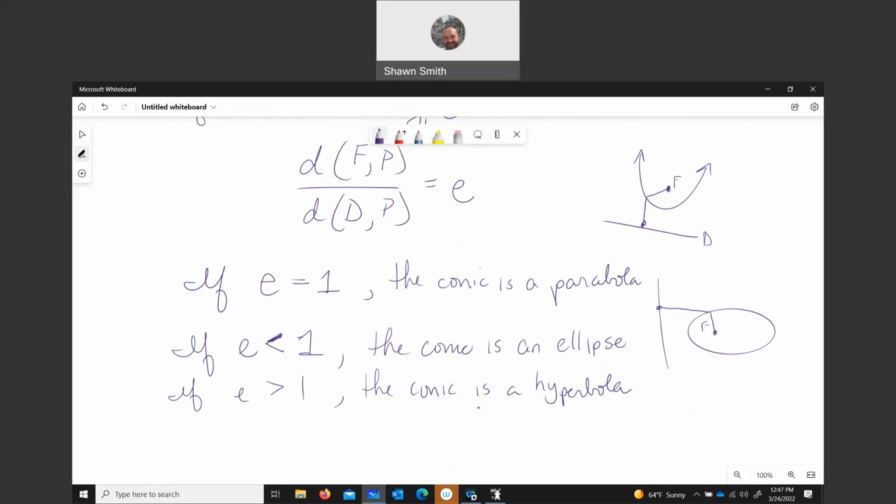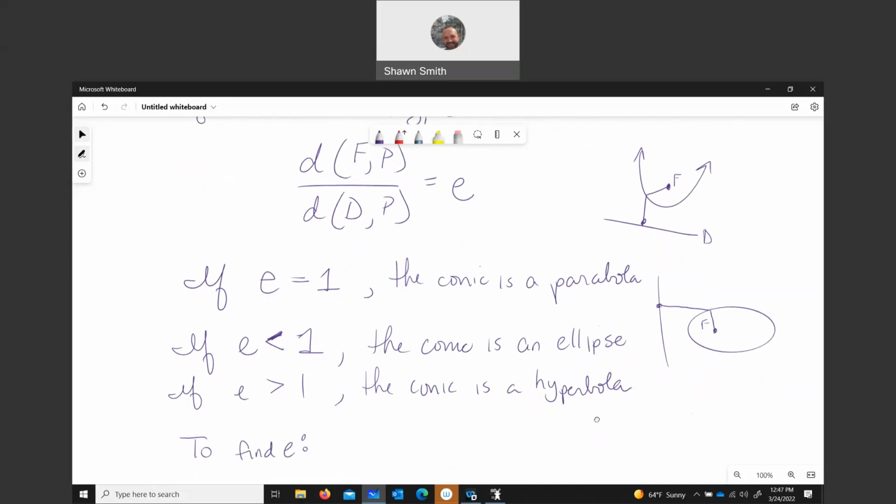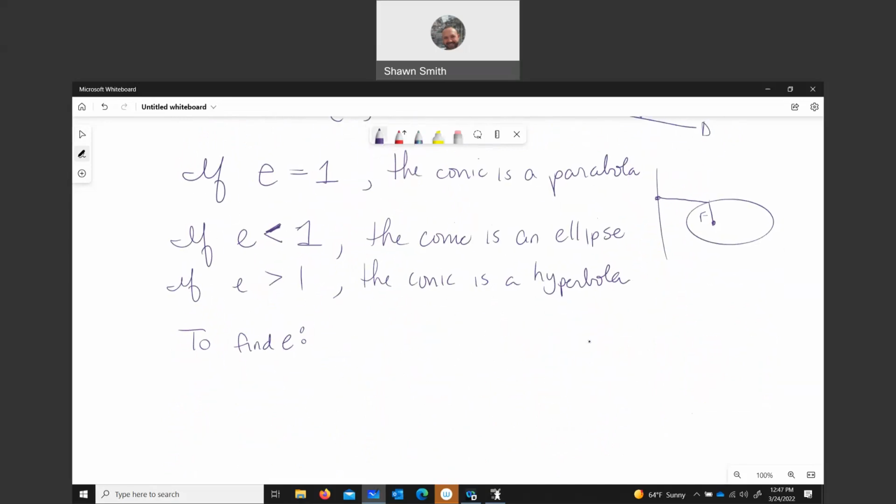All right, to calculate e. e is equal to, well, we already know the distance. I'm not going to do the distance formulas for all this. I don't need to do all that, right? But we know something about distance measures on all of these conics, right? I have the distance c. c is the distance from the center to the focus, divided by the distance from the center to the vertex, a.